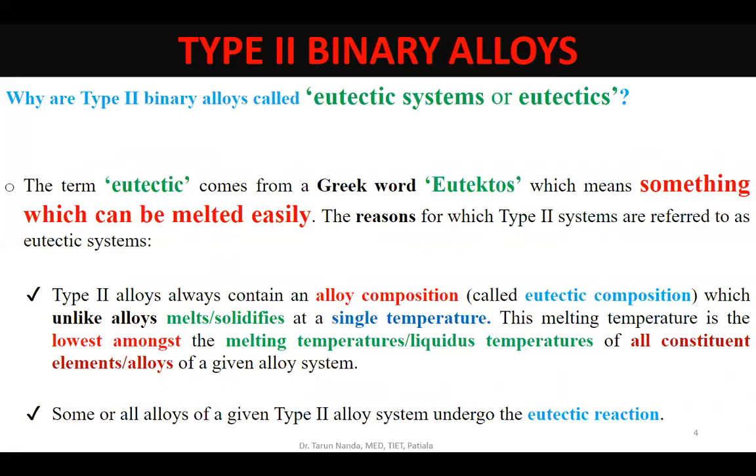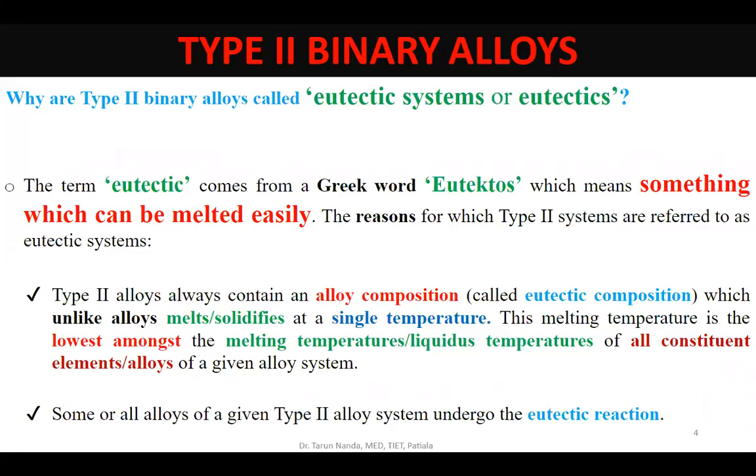In this bismuth cadmium alloy series, or in any type 2 alloy series, necessarily, you will find one composition which would not melt like alloys. See, alloys generally melt over a range of temperature. There would be a solidus temperature where their melting would start, and a liquidus temperature at a higher temperature where their melting would get completed.